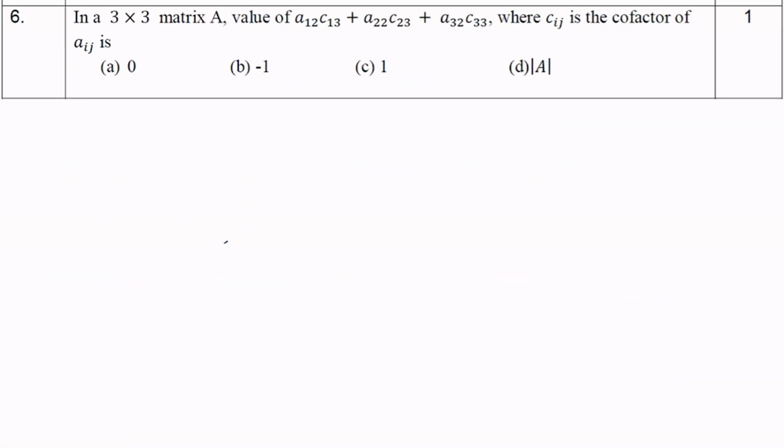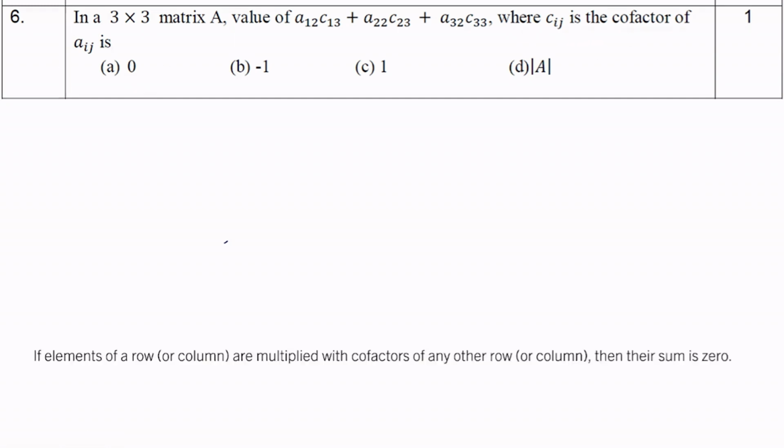A similar question was asked in last year's sample question paper. In a 3 by 3 matrix A, the value of A12 C13 plus A22 C23 plus A32 C33, where Cij is the cofactor of Aij, is? So here we have a matrix of the form A11, A12, A13, then A21, A22, A23, A31, A32, A33.